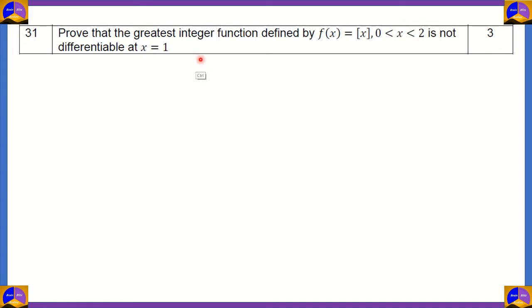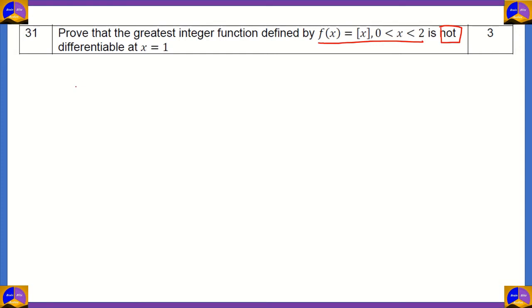So now let's look at our function that we're going to have to prove. The function here is f(x) equals the greatest integer function of x such that 0 is less than x less than 2. And we need to be able to prove that this function is not differentiable at x equals 1. So the key word is not.